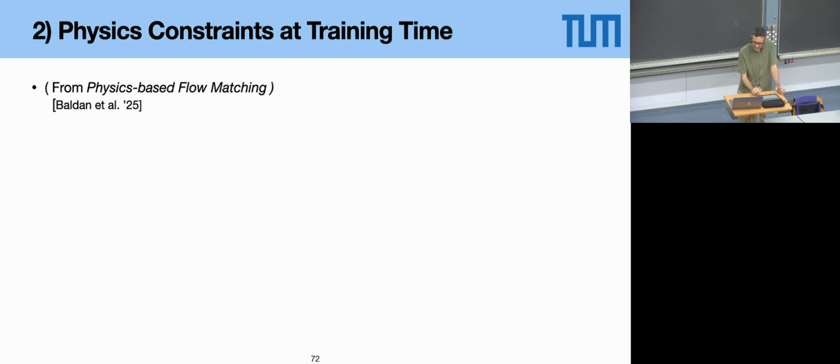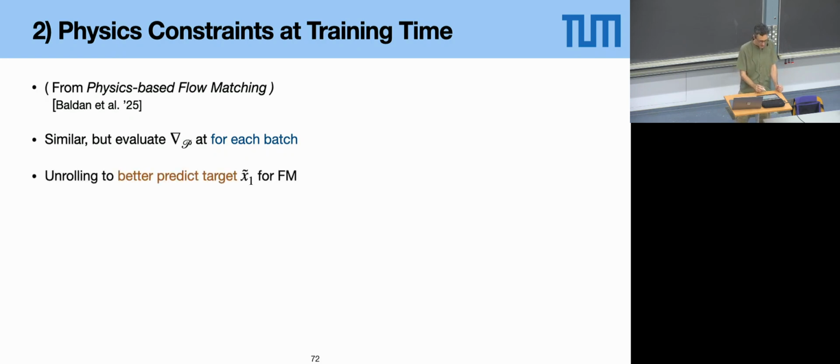Now the main constraint is in a way very similar. You also follow the same gradient along that constraint basically, but you do it at training time. You need the same step. You have something noisy. You again need to project it onto a reasonable sample. We actually did use flow matching here in this context with a few steps to get a good estimate here, but in a way this is a smaller change.